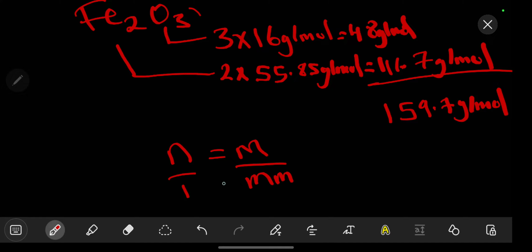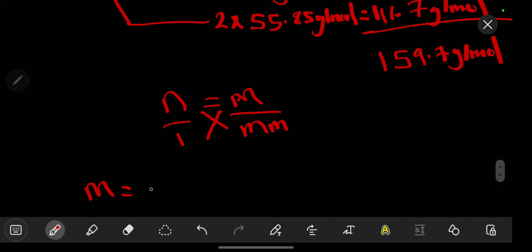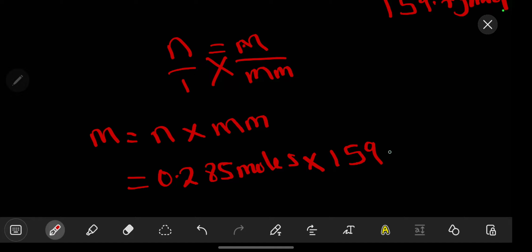When we cross multiply, mass times 1, the mass should be equal to the number of moles times the molar mass. The number of moles is 0.285 moles times the molar mass, which is 159.7 grams per mole. So we have 159.7 times 0.285.